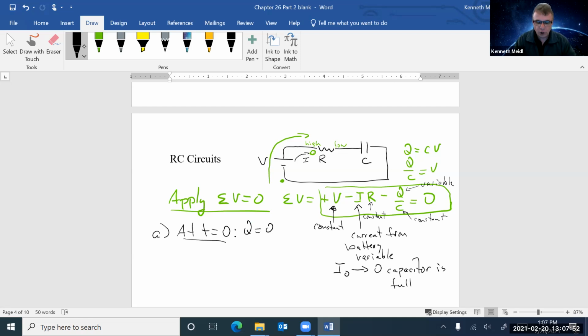This is for an uncharged capacitor. Right? And that's the way they typically come. And so there are two variables in this equation. I and Q essentially are functions of time.